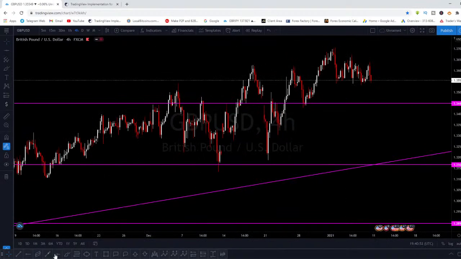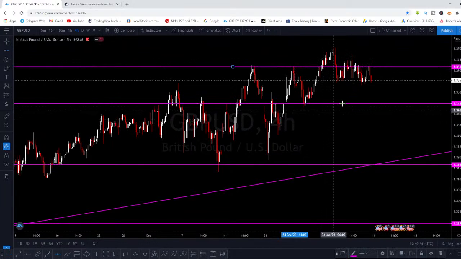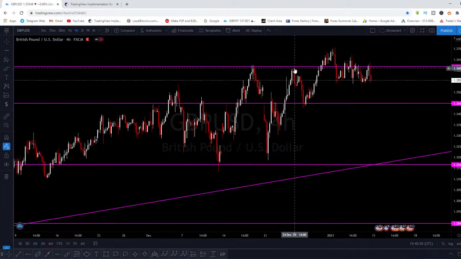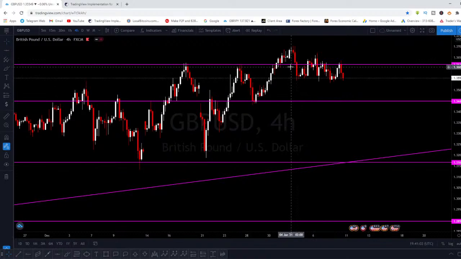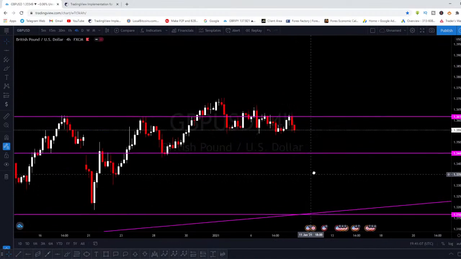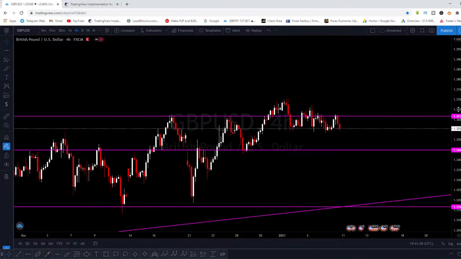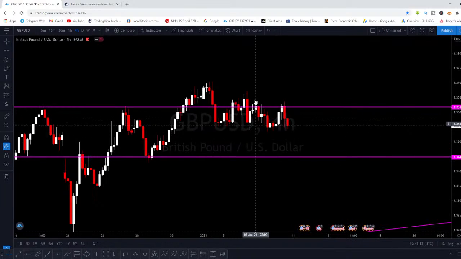So it is what it is. So these are the support and resistance on this GBPUSD right now. So GBPUSD might try to just play around this zone before it will eventually continue to move for a buy, right? But most importantly, wait for it to break out of this structure.